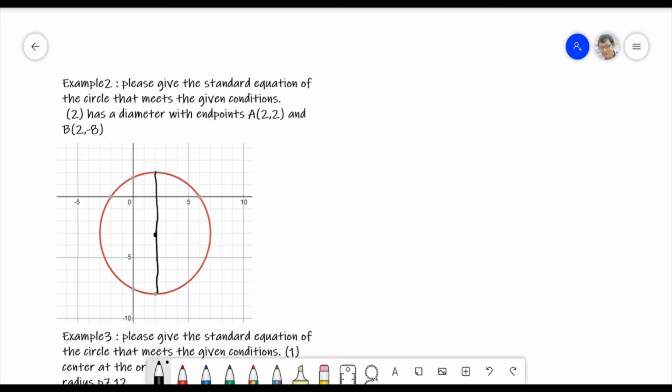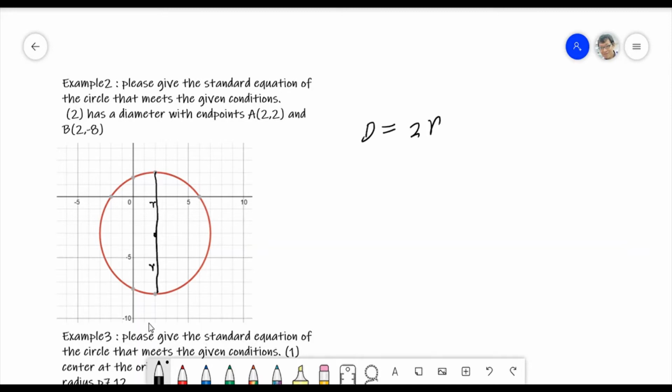So this diameter is equal to 1r, 2r, right? So the diameter is equal to 2r. So we can write here, the diameter equals 2r.